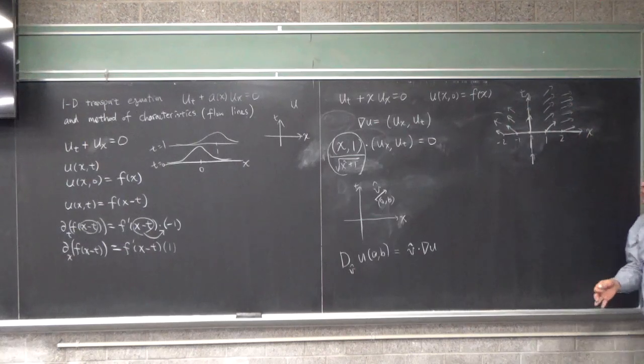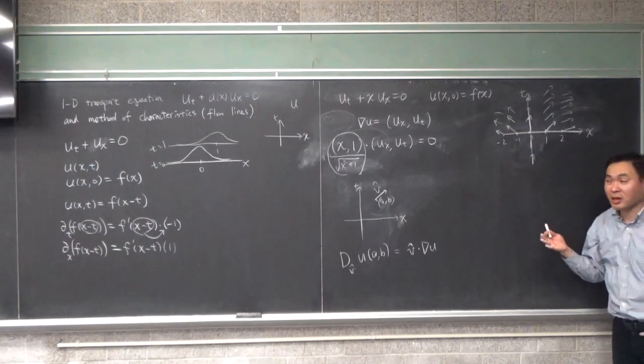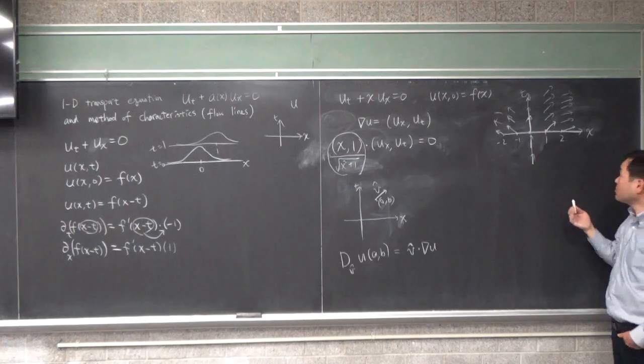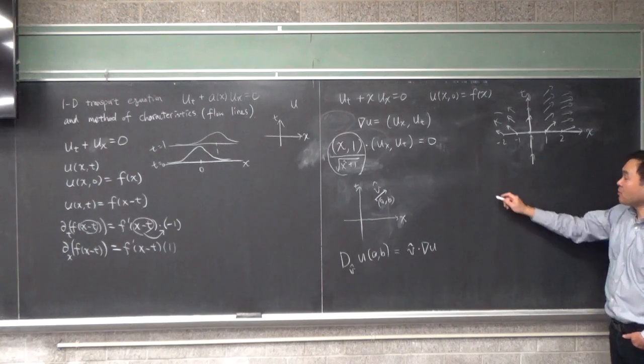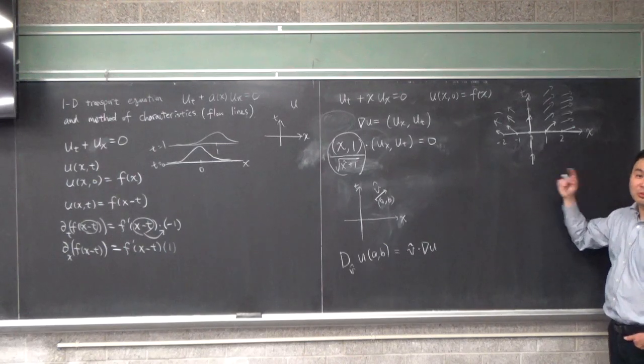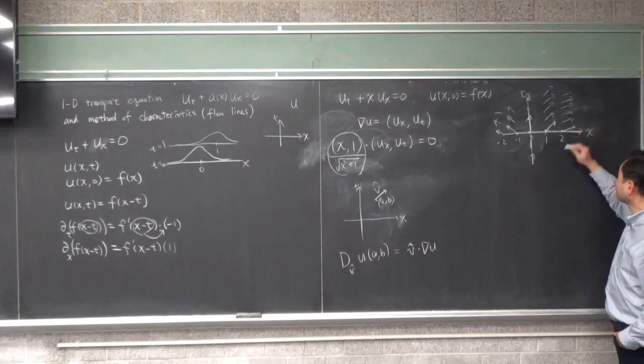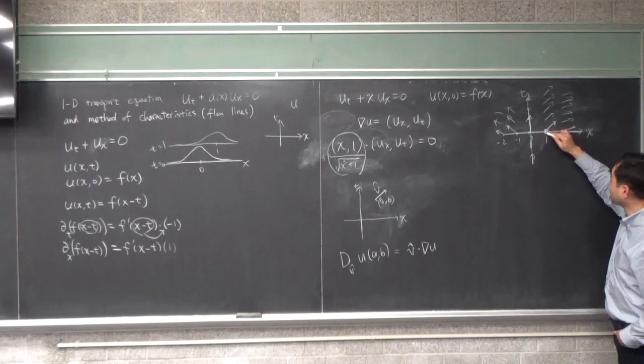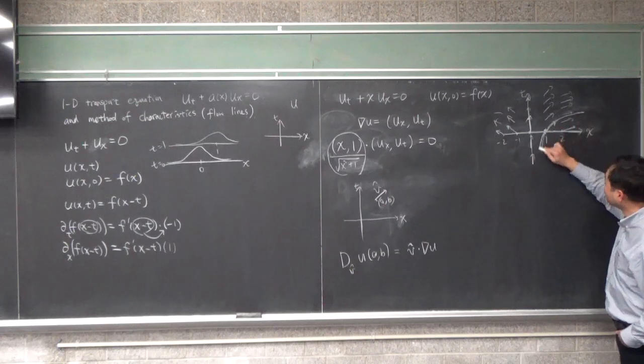And then if you imagine that you have a curve that's always tangential to these slope fields, then you see that the function u would not change along these curves. So if you have a line passing through here, it'd be something like this, right?